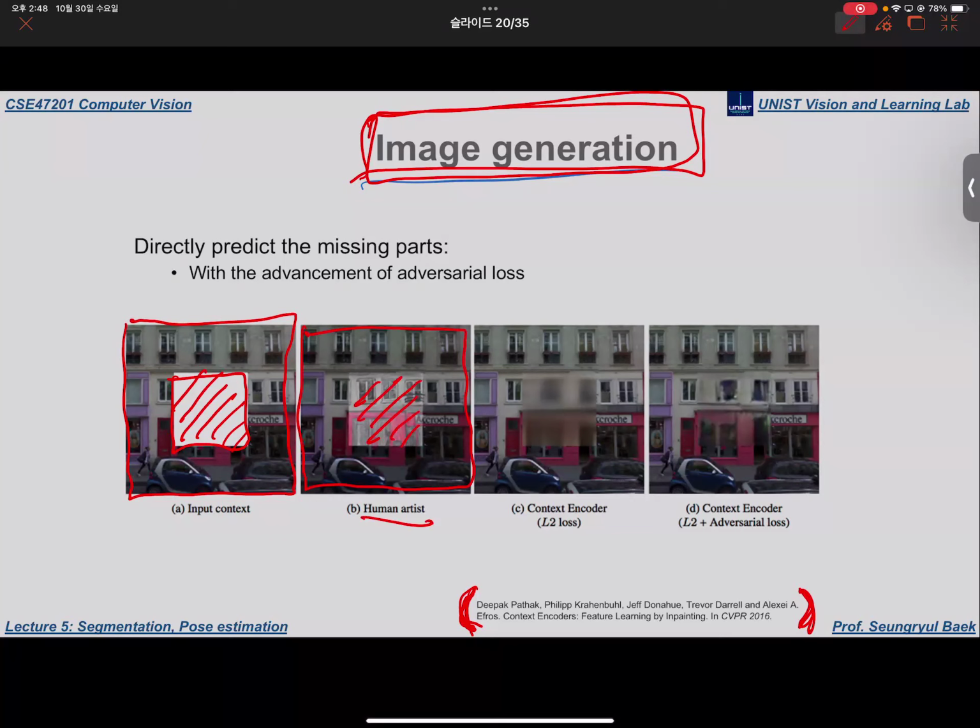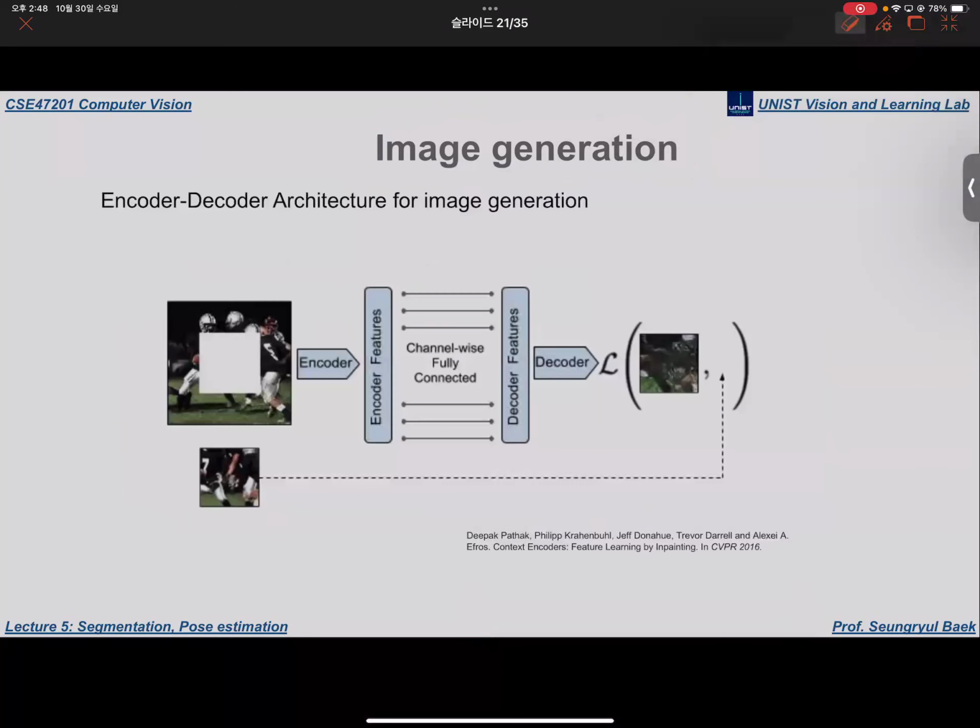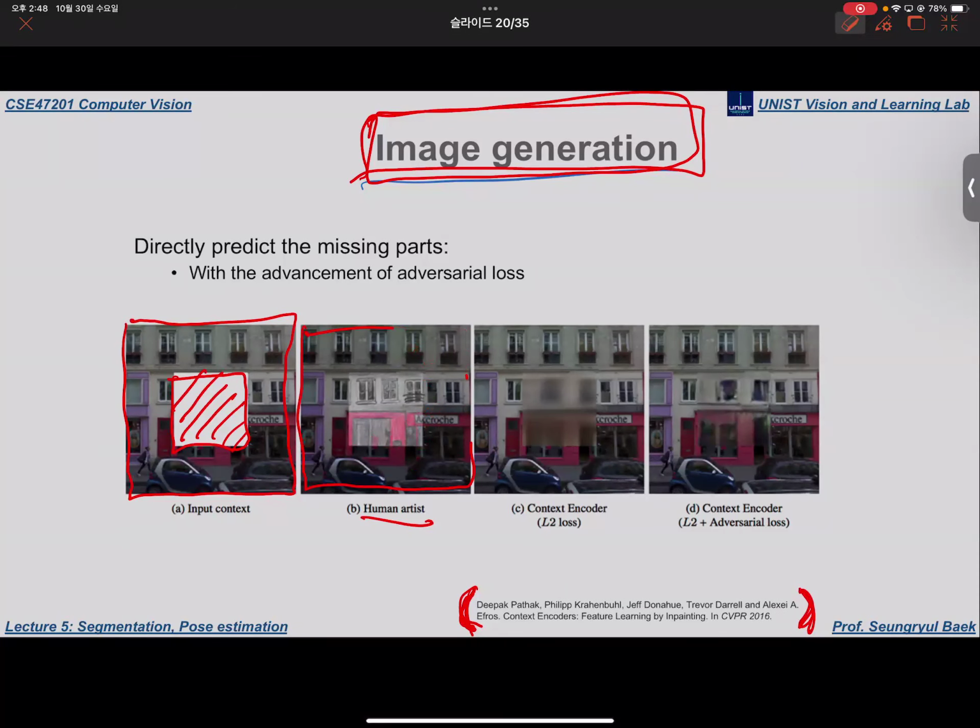There is some unnatural boundary here, right? Located in these regions, there is some unnatural boundary. But these two show the results estimated from the deep learning models. Given this as the input, you can estimate these removed regions at the last part of the deep architecture.